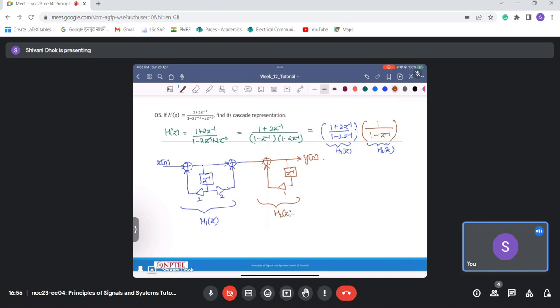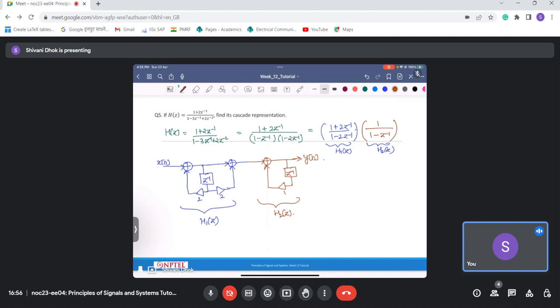So this H1 of z and H2 of z are represented using the direct form 2 representation. So cascade is nothing but direct form 2 representation for both H1(z) and H2(z).